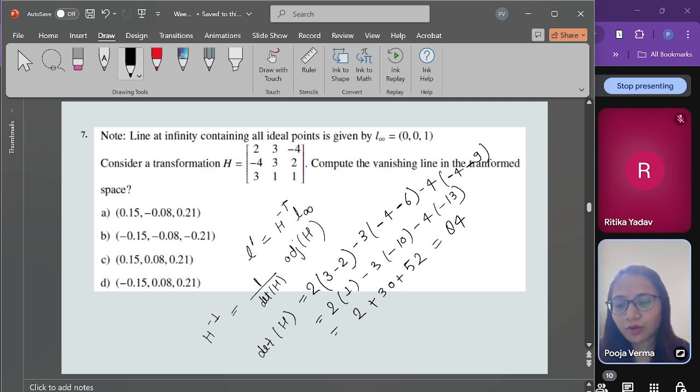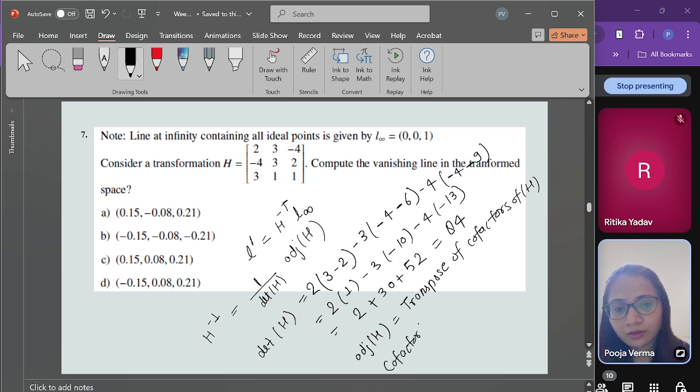Now we have to calculate the adjoint. To calculate the adjoint, first we need the transpose of the cofactors of H. So I'm writing first the cofactors of H, which you can represent as Cij also.